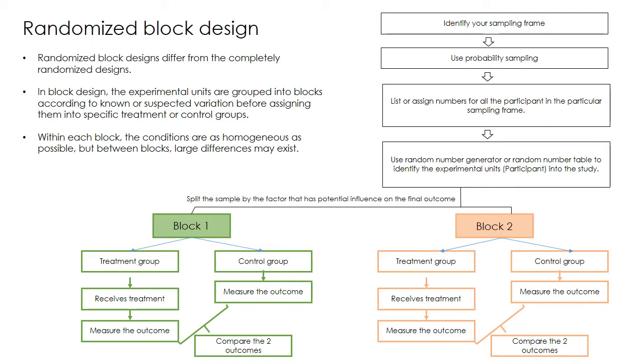You select your 400 patients randomly, and then from these 400 patients you split them into male and female groups. That is what we mean by block. So gender is a block.